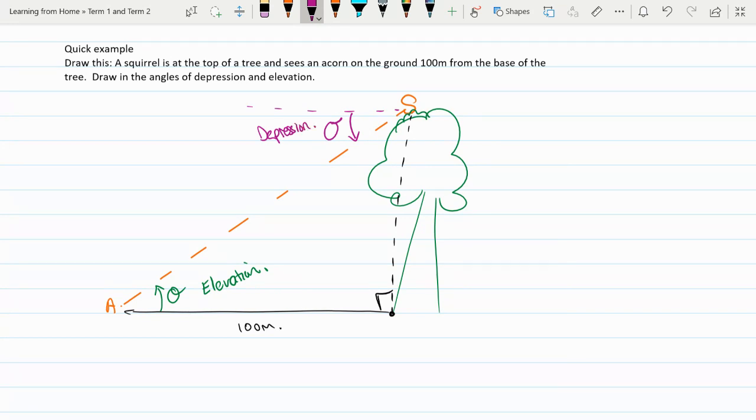Now there's something you may notice about these angles. They look pretty similar in size, and they are in fact exactly the same.